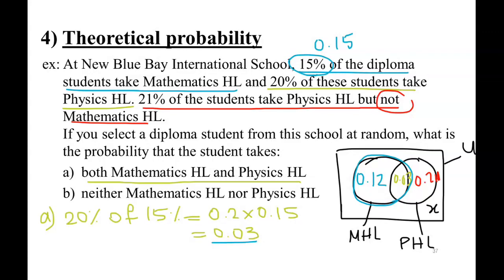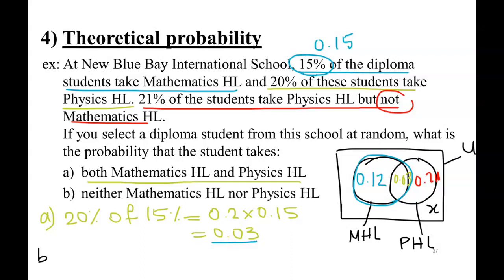So, as we've said before, if we want to go back from a percentage to probability, I divide by 100. So 100% divided by 100 is 1. So the total probability should add up to 1.